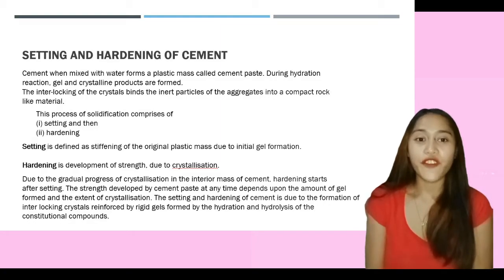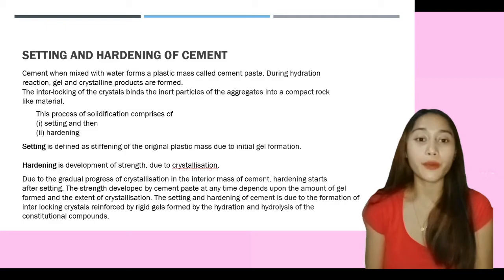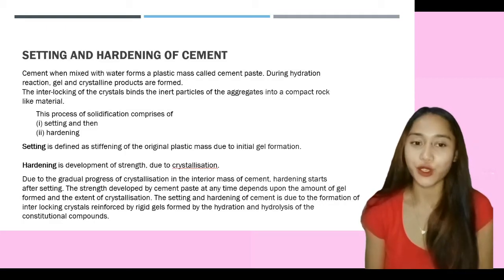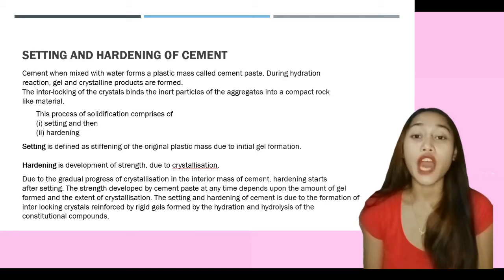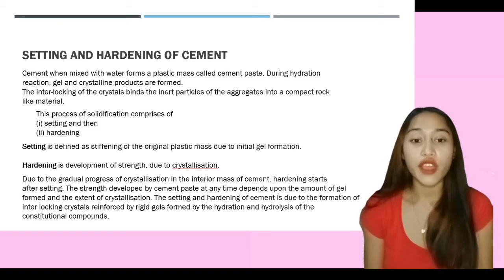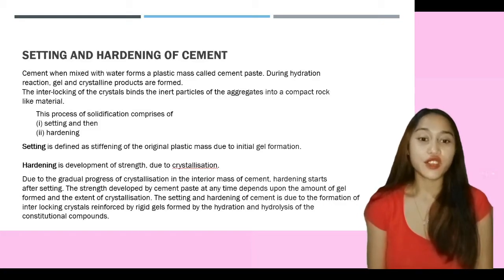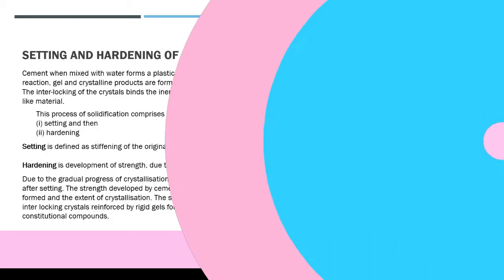The strength developed by cement paste at any time depends upon the amount of gel formed and the extent of crystallization. The setting and hardening of cement is due to the formation of interlocking crystals reinforced by rigid gels formed by the hydration and hydrolysis of the constitutional compounds.